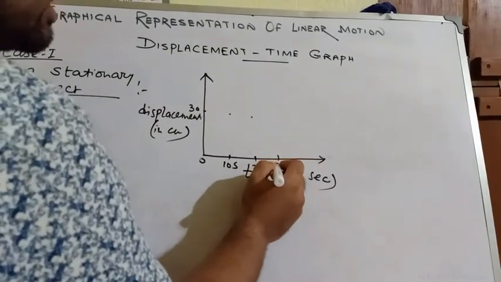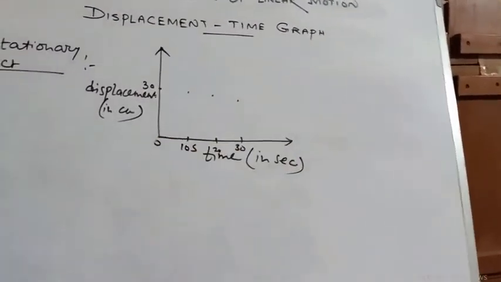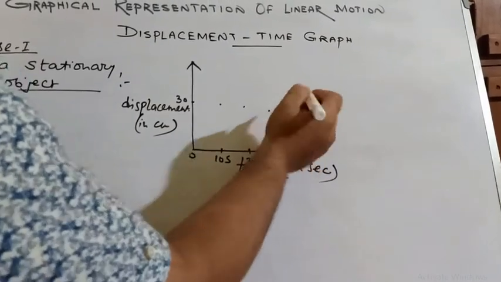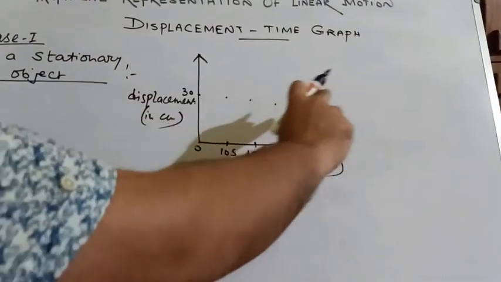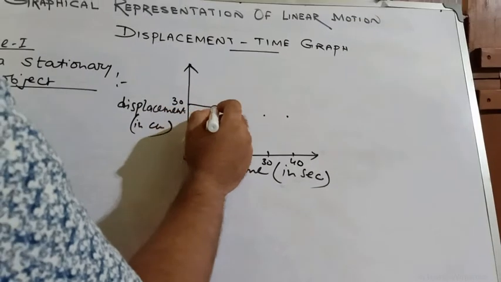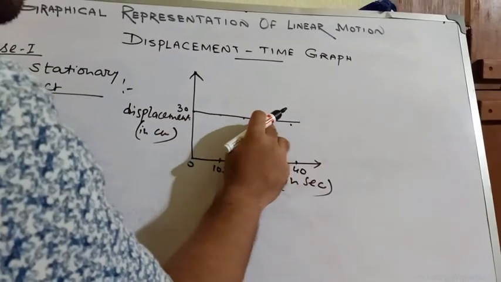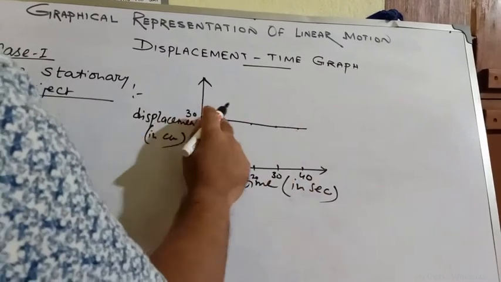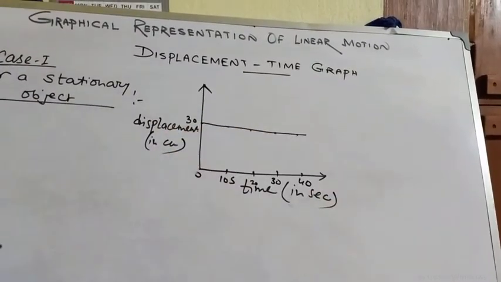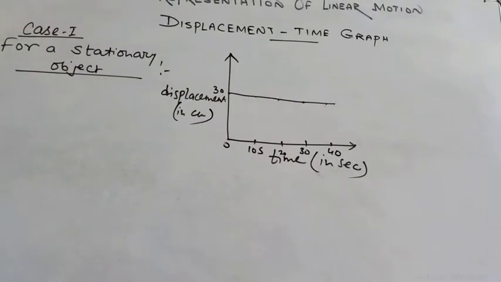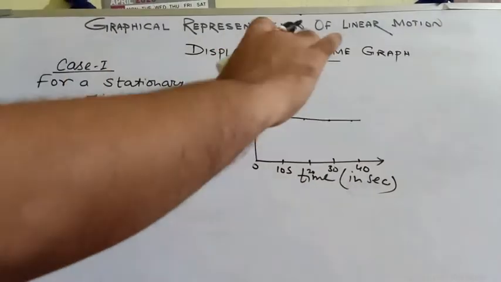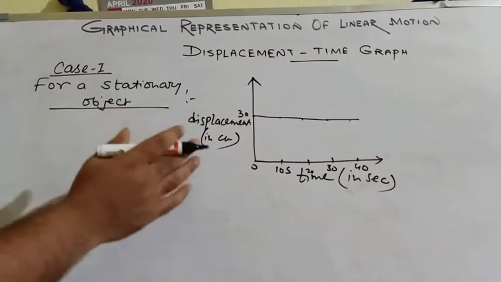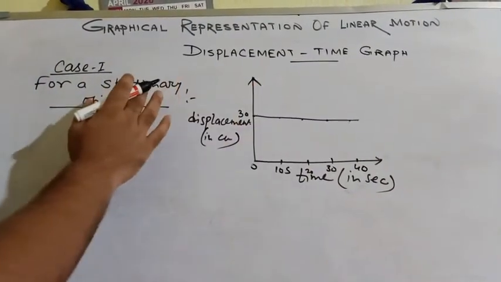At 30 seconds, it remains at its own position. In 40 seconds, it remains at its own. So if we join the line here, we will get a straight line. Okay, or we can say the line which is parallel to the time axis. So this is the graph for a stationary object.